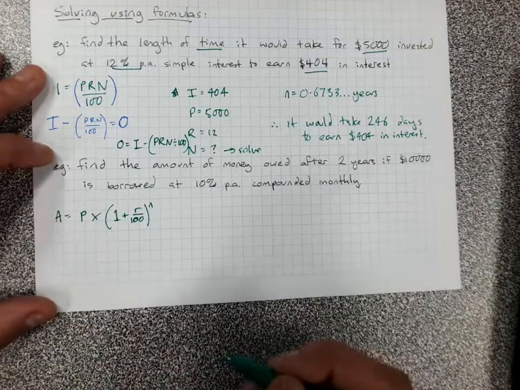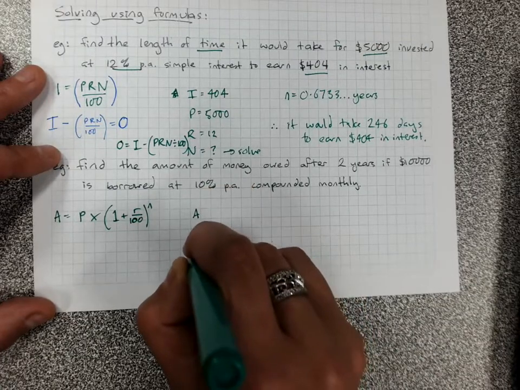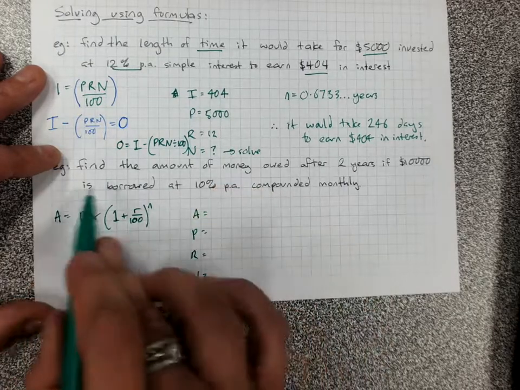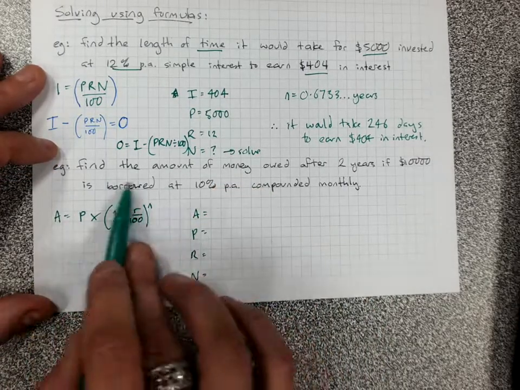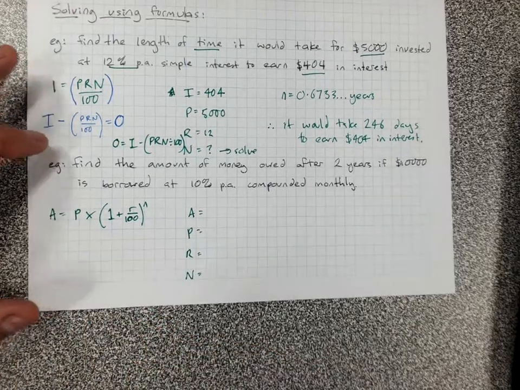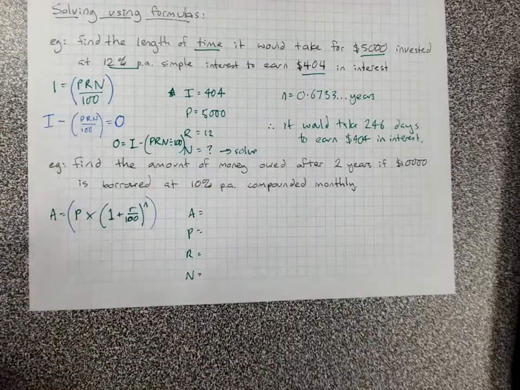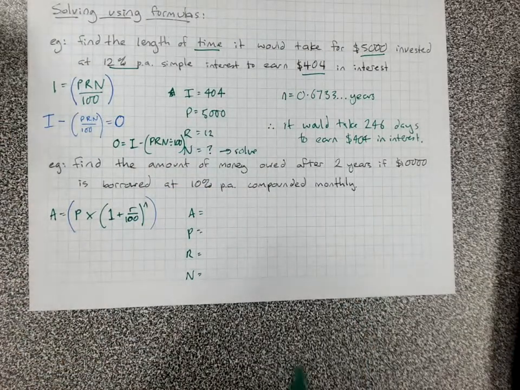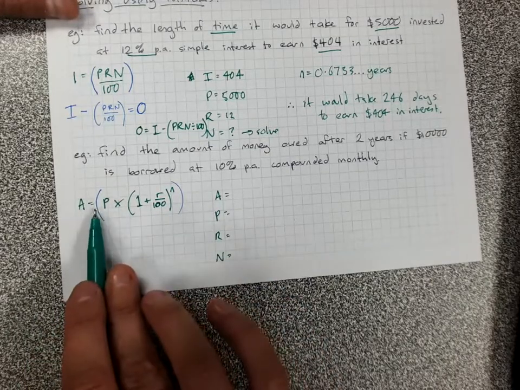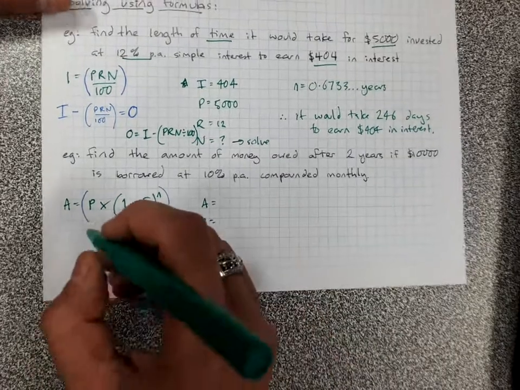We need the compound interest formula. We will need to know A, P, R, and N. We will need to rearrange the compound interest formula by taking all of this away from A. So all of that gets subtracted from A. You do not need the brackets out here for this one because everything's times or there's brackets, but it won't hurt if you put them in.